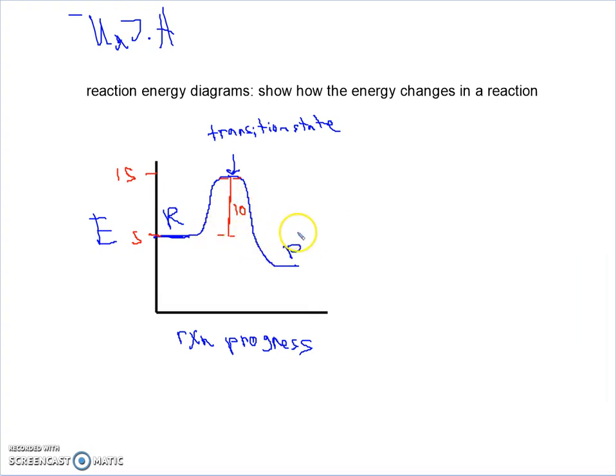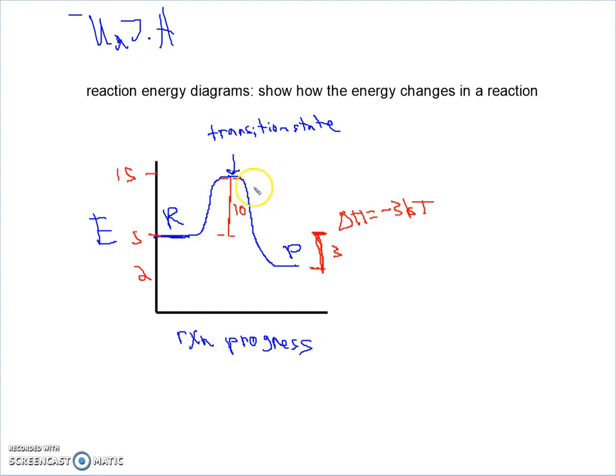The heat of reaction is the distance from the reactants, which is where the reactants start, to the products. Okay, and so if this was at 2, then this would be 3 kilojoules, right? Except the delta H, the actual heat of reaction, would be negative 3 kilojoules because it's going down, which makes sense because it's exothermic.